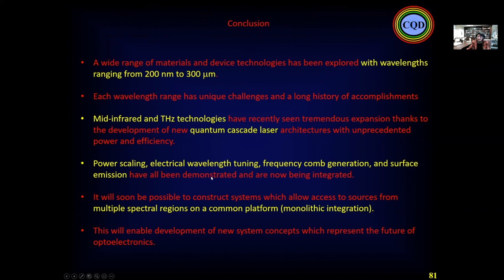Power scaling, electrical wavelength tuning, frequency comb generation, and surface emission have all been demonstrated and are now being integrated. It will soon be possible to construct systems with access to sources from multi-spectral regions on a common platform and in a monolithic integration, and this will enable development of new system concepts which represent the future of optoelectronics.